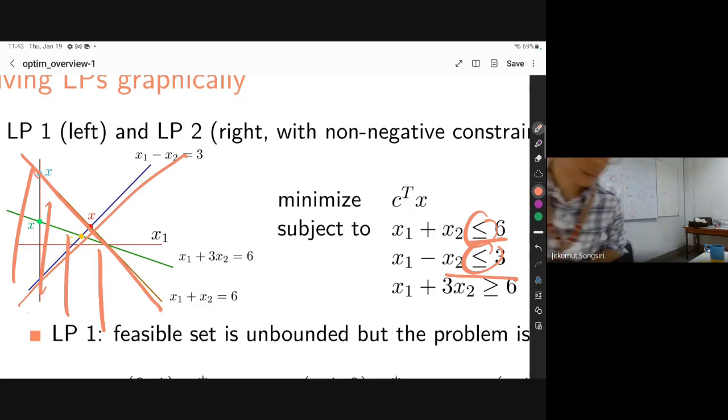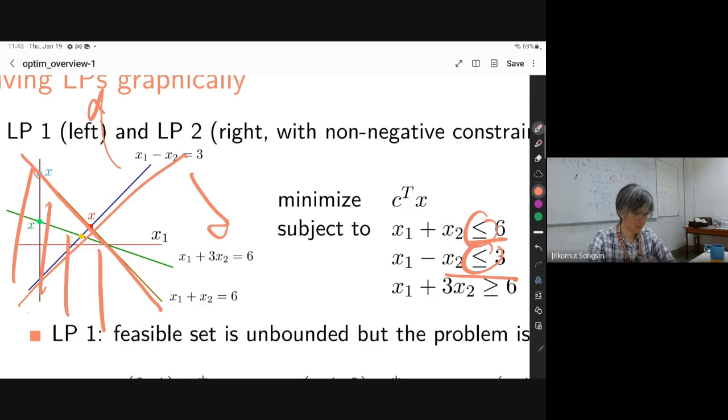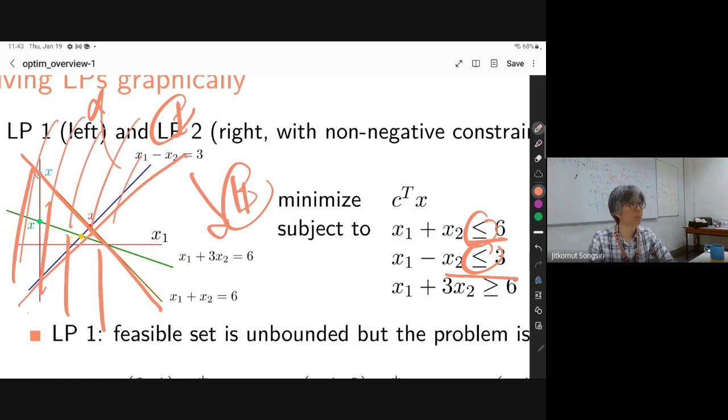Upper or lower? This side or this side? One or two? One. Okay, so we have this.